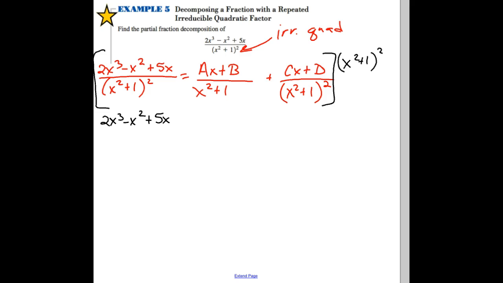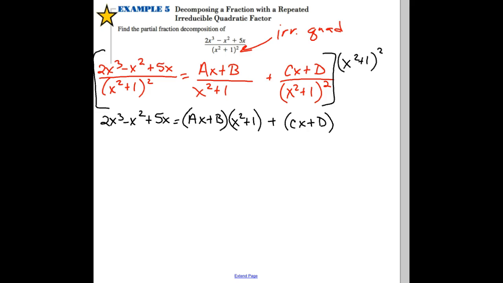Then what? Our ax plus b is going to get multiplied by one of the x squared plus 1s. Okay. What about the cx plus d? Doesn't have to be multiplied by anything, right? The whole denominator dropped out.